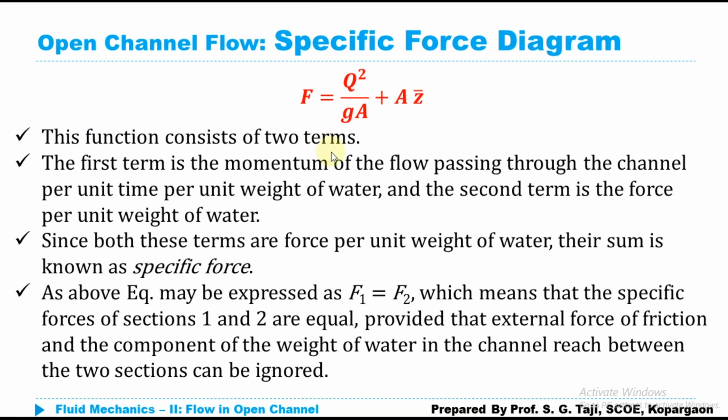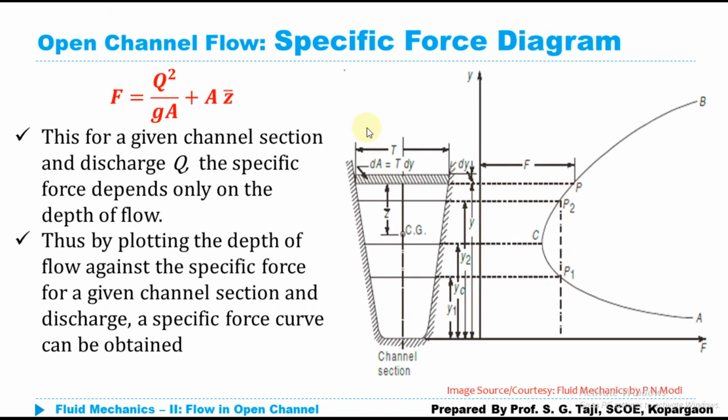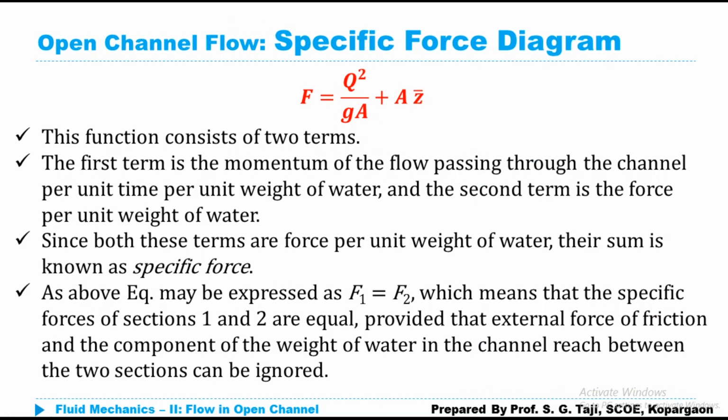Now this equation consists of two terms. The first term consists of the flow passing through a channel per unit time per unit weight of the water, and the second term is the force per unit weight of the water. Both terms represent force: one, along with the momentum, is the force per unit weight of water, and the second term is also the force per unit weight of water.